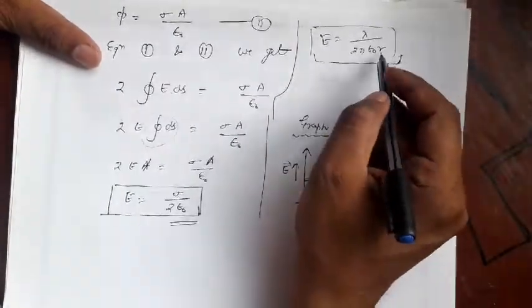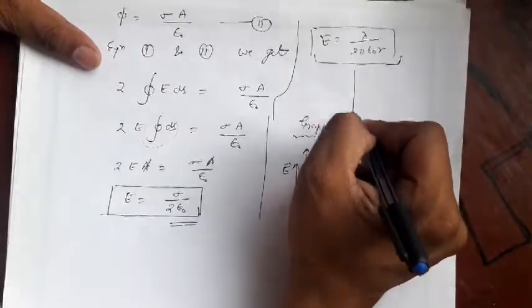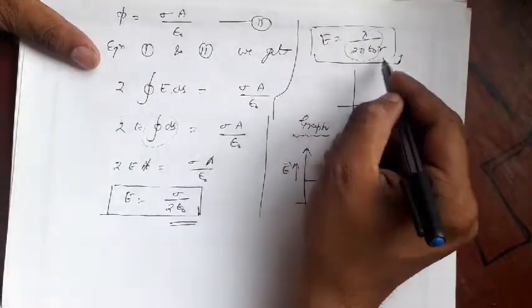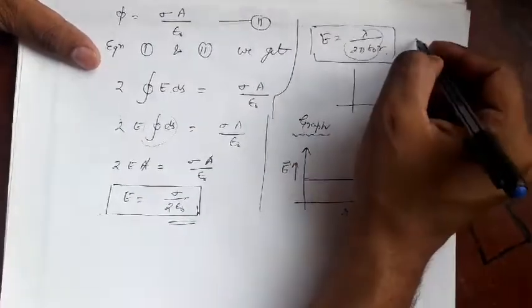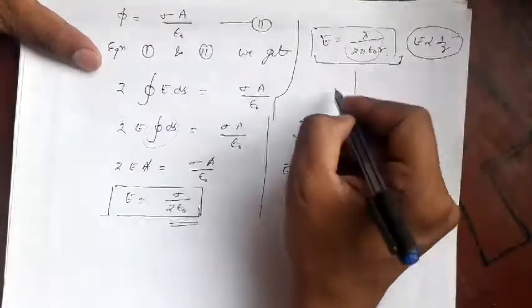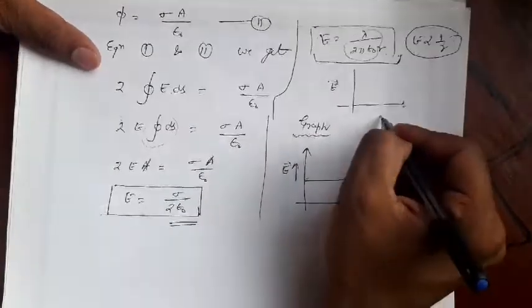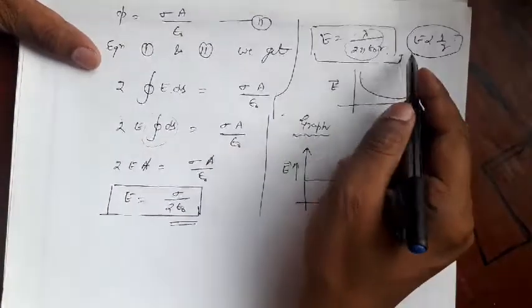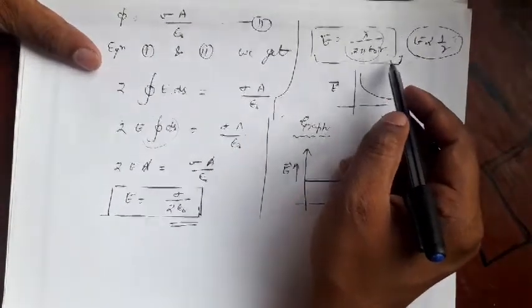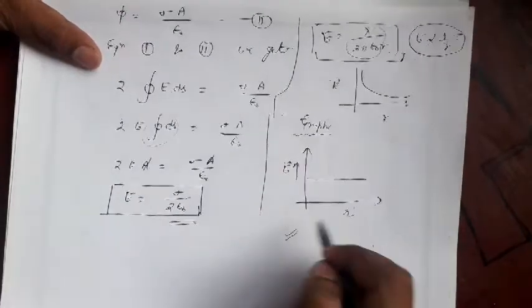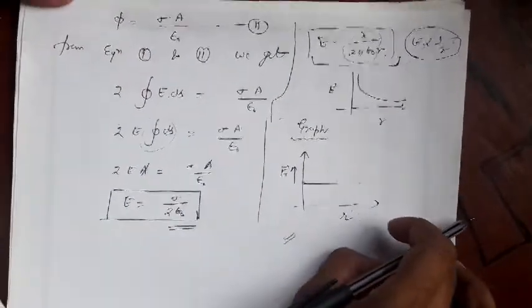In that way we will draw the graph also. We can easily draw the graph क्योंकि ये सारा पार्ट कांस्टेंट है. बचा क्या, रेडियस, तो इसका मतलब कह सकते हैं E is inversely proportional to 1/R. तो इनवर्सली का ग्राफ हमेशा ऐसे आता है, this one. तो this is the graph for infinite long linear line charge, and this graph for sheet.